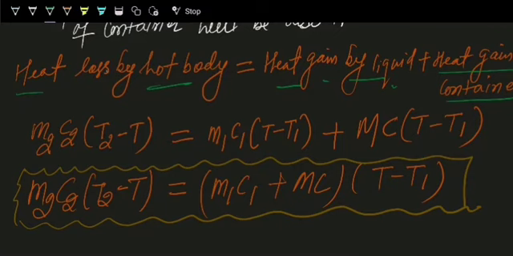Now again put the formula for heat for the cold body and hot body. I have considered the hot body mass as M2 and specific heat capacity C2, so I have written M2C2 times the change in temperature for the hot body, T2 minus T, is equal to M1C1(T minus T1), this one is for the liquid, plus MC(T minus T1), because in both the liquid and container the change in temperature will be the same, T minus T1.